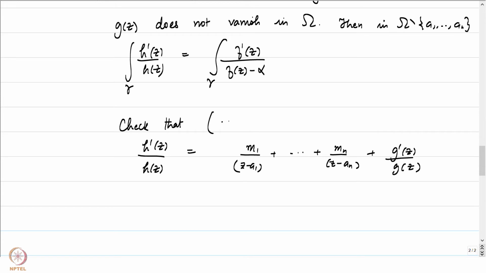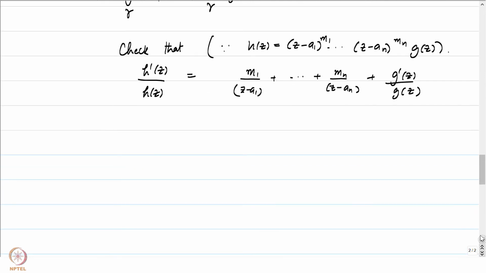Remember that this is because h of z has this very special form. This is exactly what tells us that our function h prime of z by h of z is going to look like this.